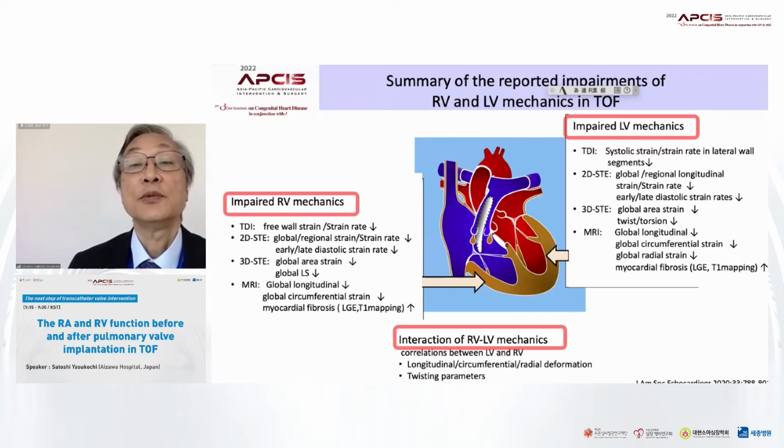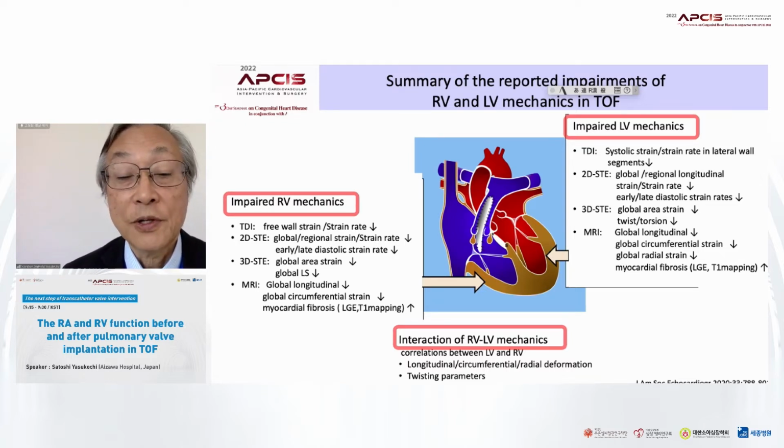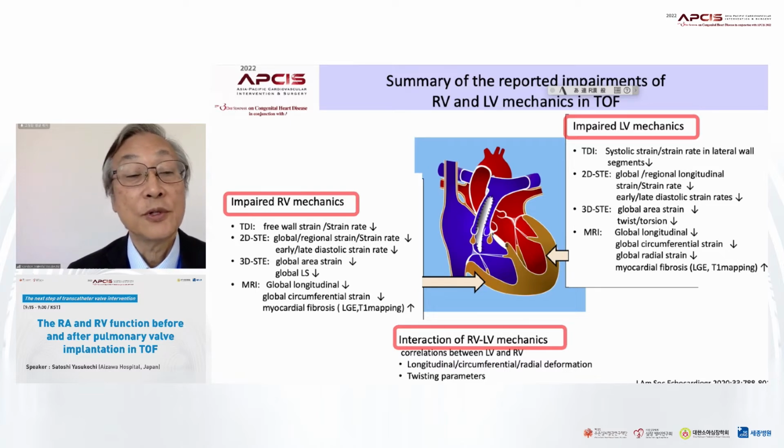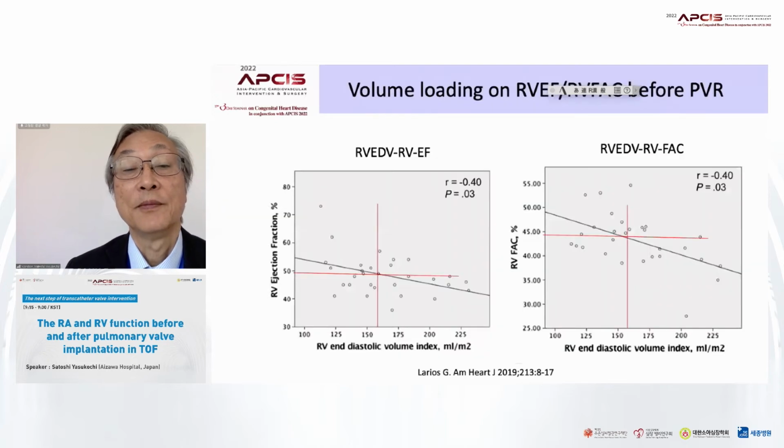This is a summary of the impairment of RV and LV mechanics in tetralogy of Fallot, and the interaction of RV and LV mechanics. All those parameters demonstrated global and regional strain and strain rate. For the RV, global and free wall strain are reduced. MRI may demonstrate myocardial fibrosis by LGE and T1 mapping.